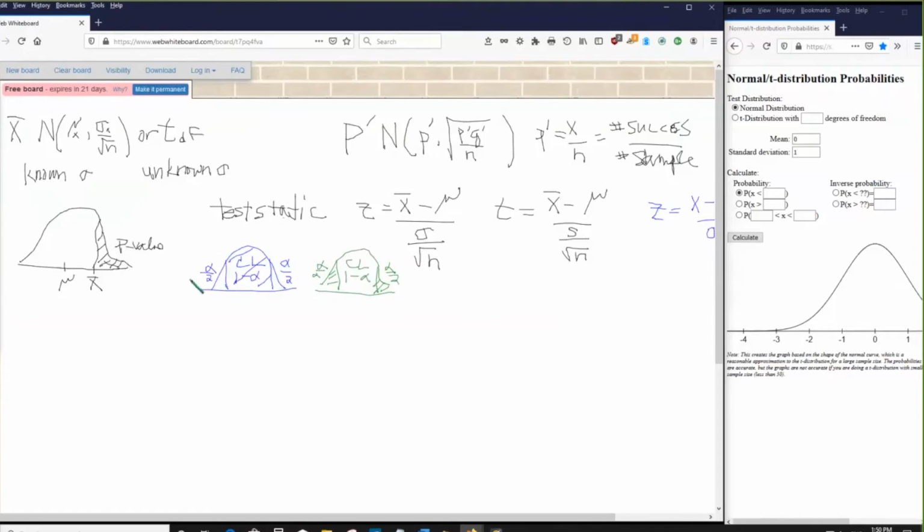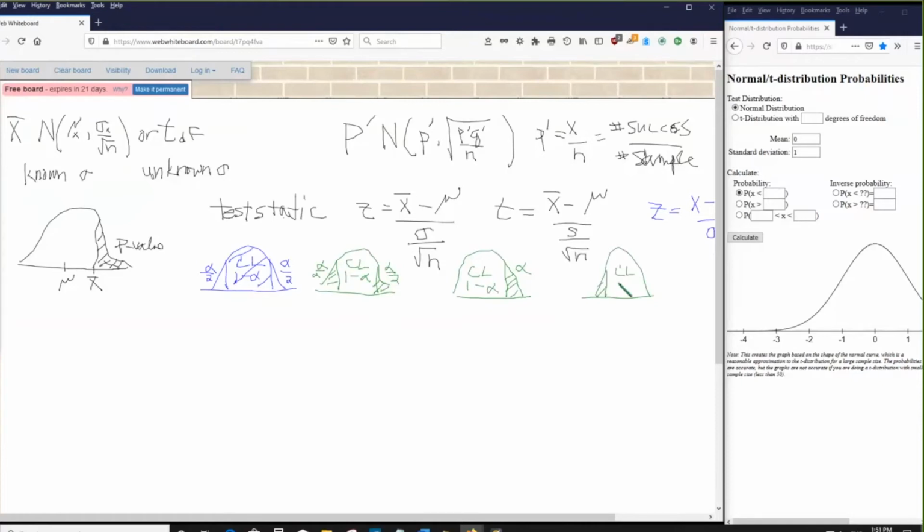And if I have a tail to the right or the left, this would be a right-tailed, and this one right here would be a left-tailed.